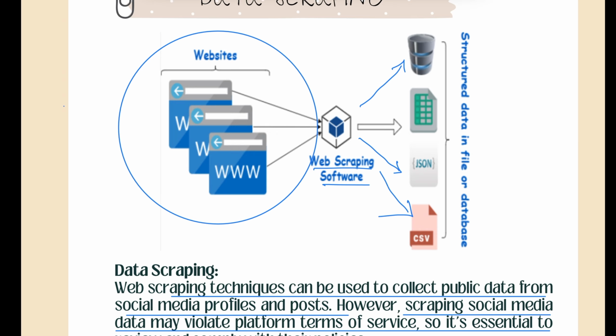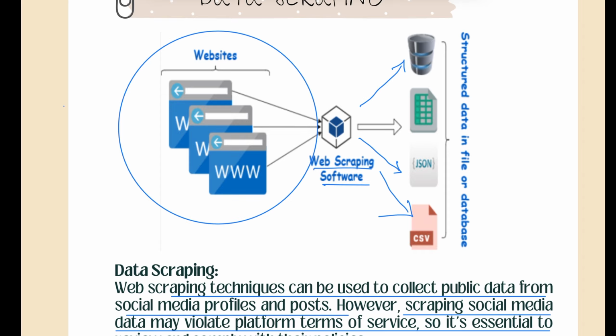You identify the website you want to scrape and the specific information you need. Then you might use a scraping tool or write code to send a request to the website server.